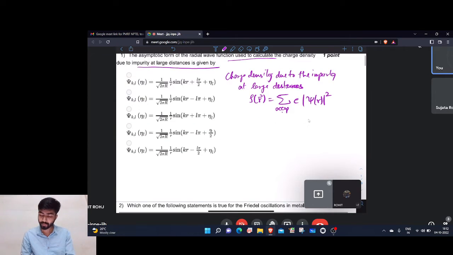square. Now the asymptotic form of the wave function in this scenario would be given by, let me write it down, k and l.